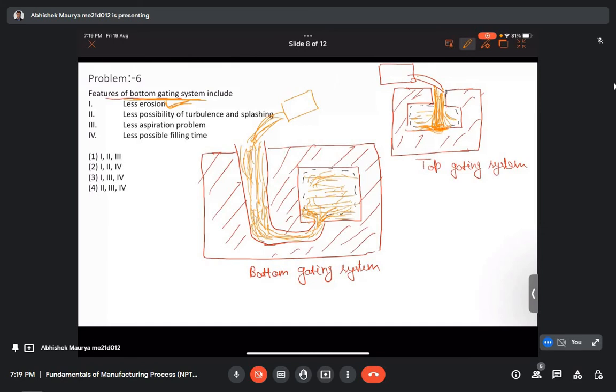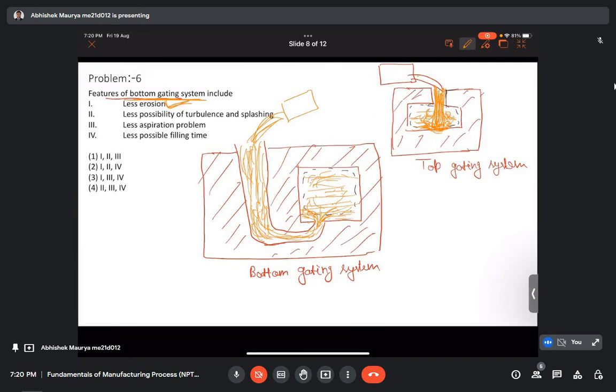Let's see the turbulence and splashing. In the top gating system, when molten metal falls on the mold wall, because of increased momentum and velocity, there is a chance that molten metal will splash, or the flow will not remain a straight line or uniform. There is a possibility that some region of turbulence can happen, because it is not constrained.